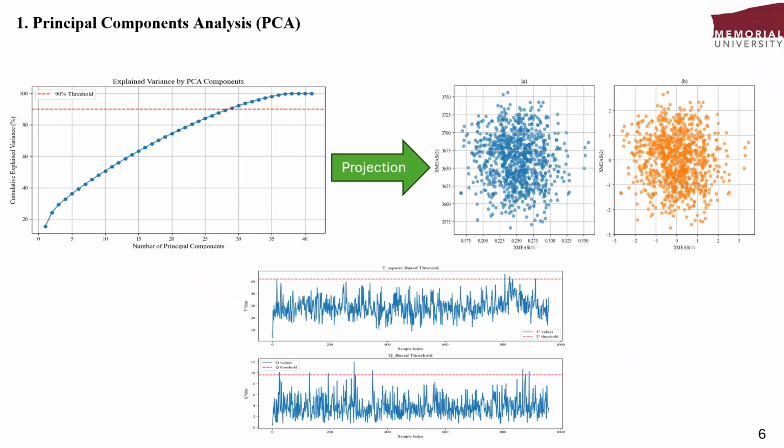So as you can see in the PCA, based on the plot on the left hand, we choose the number of the PCA. In our project, we choose 90%.